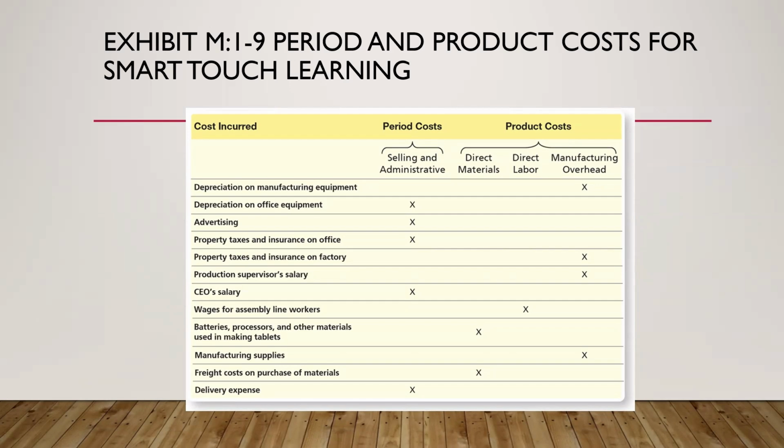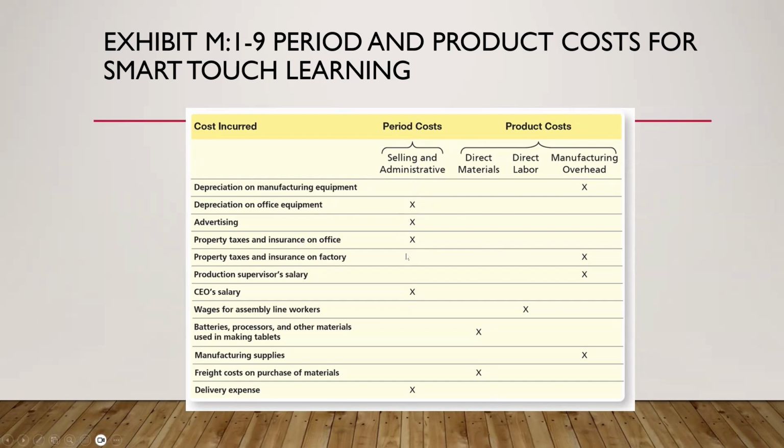You see that there's a depreciation on manufacturing equipment, which is manufacturing overhead, and a depreciation on office equipment, which is a selling and administrative period cost.